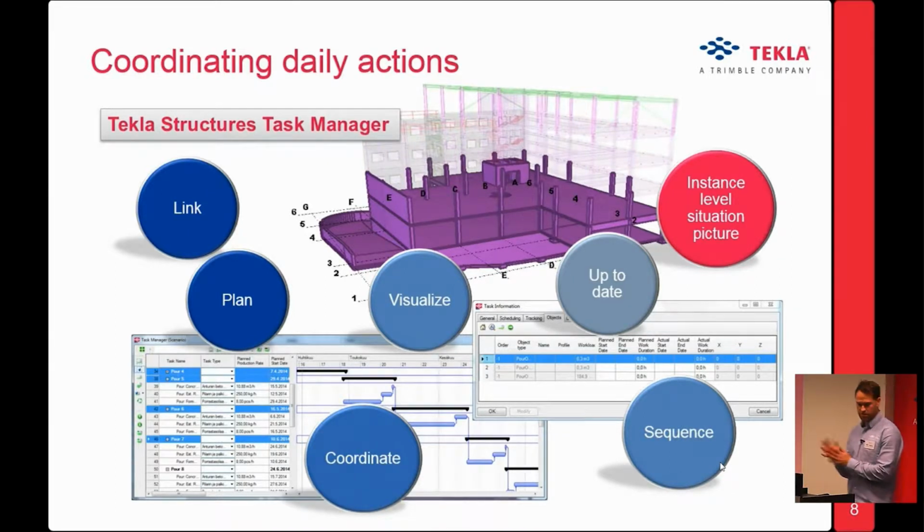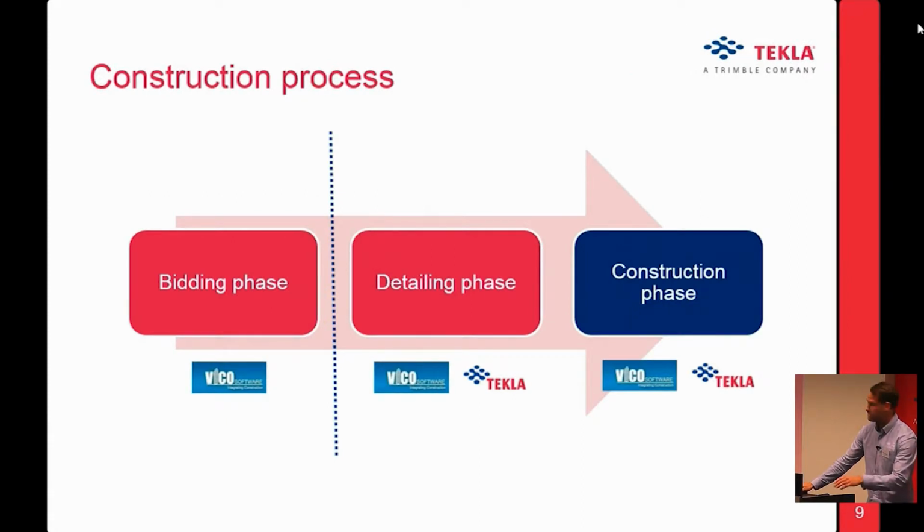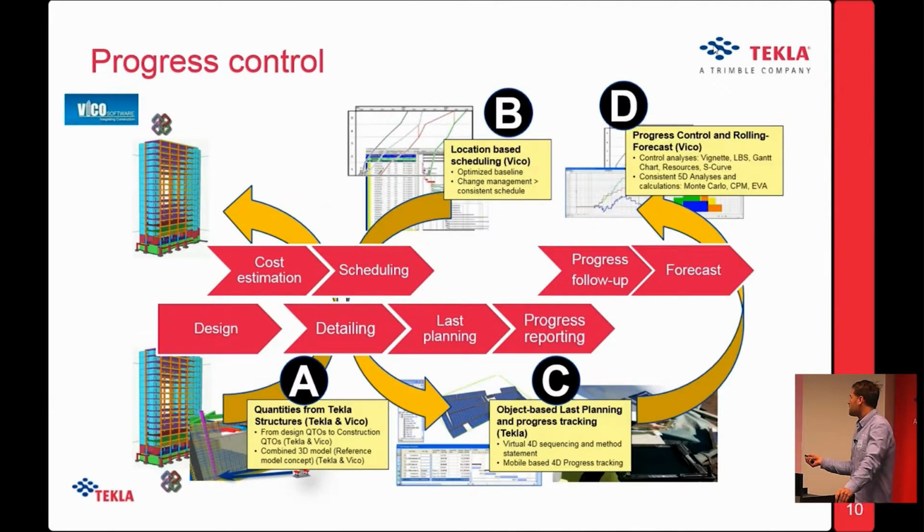Okay, then if we go further in the process from the detailing phase, we go to the construction side. There, of course, we are doing the progress tracking. And like I showed you, now we're in the part C and D, and there we can do the progress tracking. Here you can see this is just one window and tab in Tekla where we have the design phase, the fabrication, and erection.